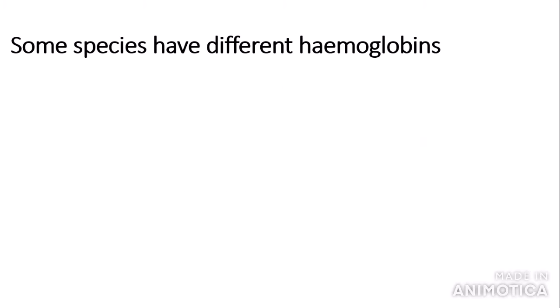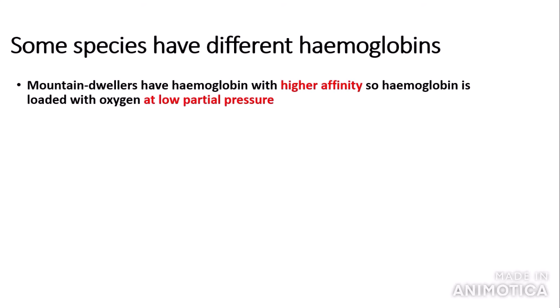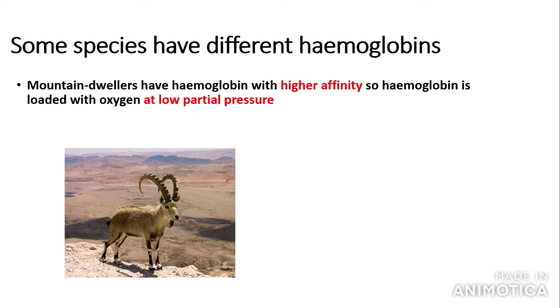So different organisms have different types of hemoglobin, or different hemoglobin structures. Here's an example. Mountain dwellers, for example mountain goats, as shown in the image here, have a hemoglobin with a higher affinity for oxygen, so oxygen is more likely to associate or load onto the hemoglobin.